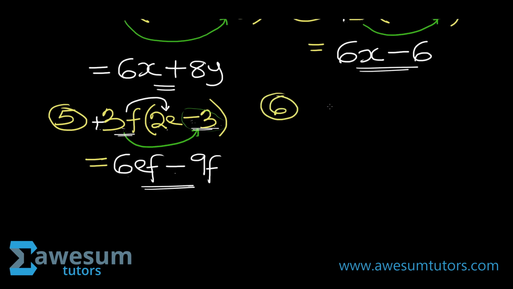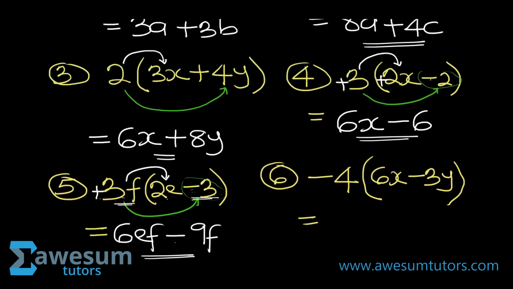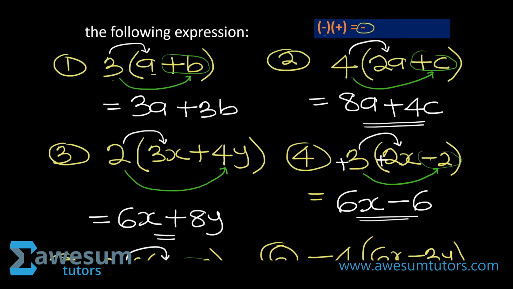Example 6. Negative 4 bracket 6x minus 3y. Okay, now how do we do this? We are going to use the same concept. This is negative 4. If you take note, this is negative 4 right here that is multiplying all these things we have in the bracket. Unlike in other examples that we did, where those numbers are positive.